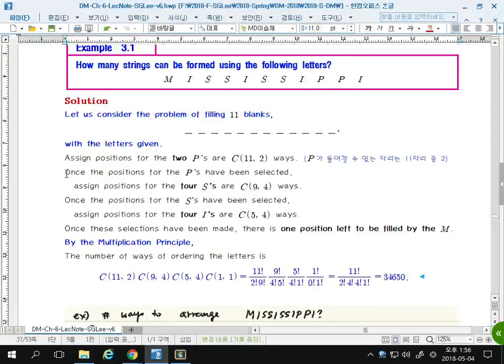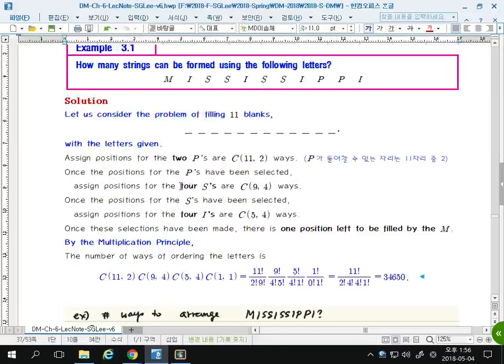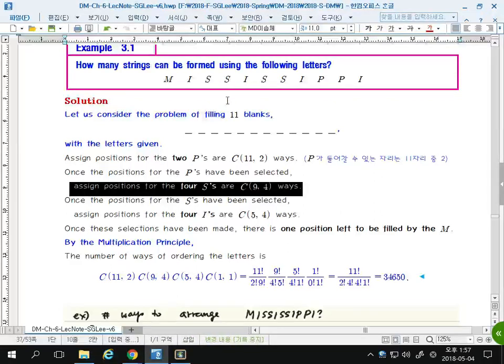Once those 2 positions are filled with P's, we have 9 positions left, and we have 4 S's to fill in 9 empty spots. So there are 9 choose 4 ways to fill the S's in addition to the P's.